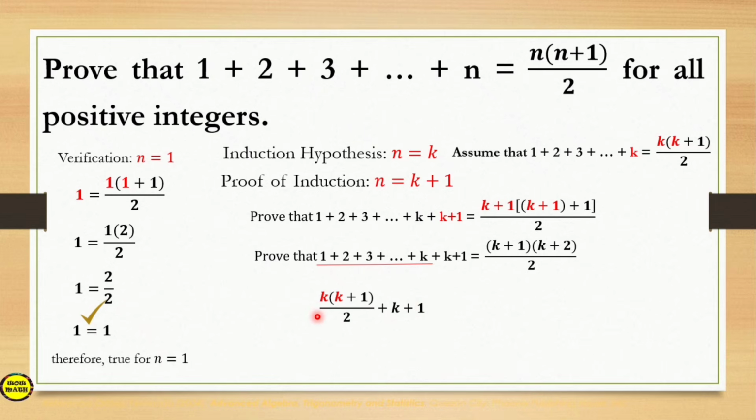So, yung LCD nito ay 2. And then, imumultiply natin ito sa 2. Kapag minultiply natin ito sa 2, maka-cancel natin yung 2, ibig sabihin, ika-copy na lang natin ito, yung k times k plus 1.